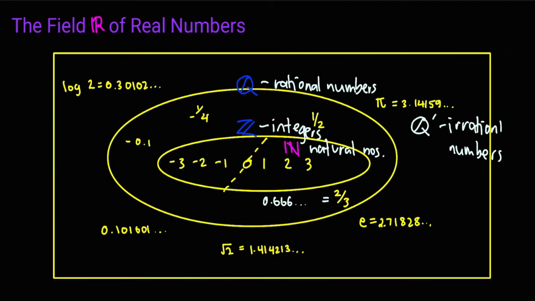Any decimal number, as long as the digits do not terminate and do not repeat, is an irrational number. So no rational number is irrational, and no irrational number is rational. Together, the two of them form the set of real numbers. The set of real numbers is denoted by the blackboard letter R.